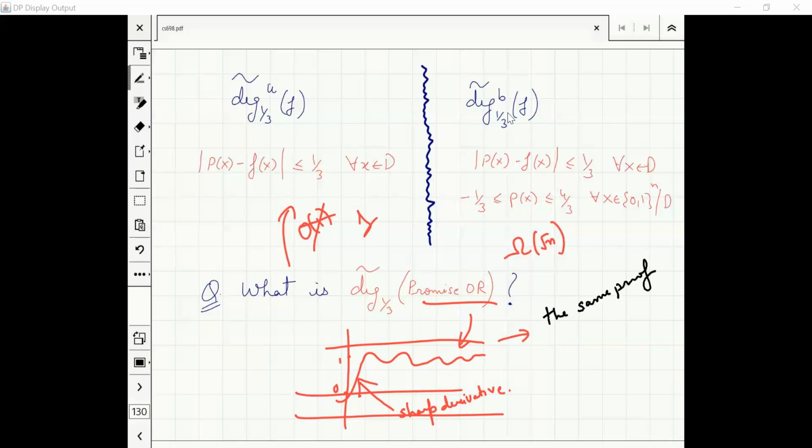For any non-constant symmetric polynomial, yes. Because I just need the function value to change at one point. If there is a point where the function value is changing, the approximate degree of f is more than omega.